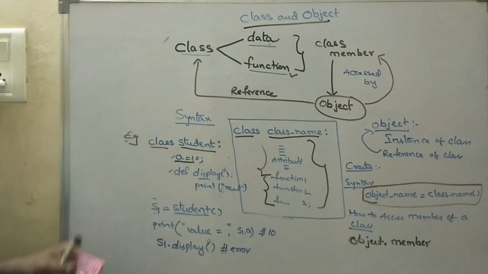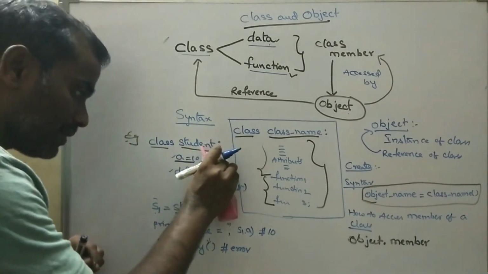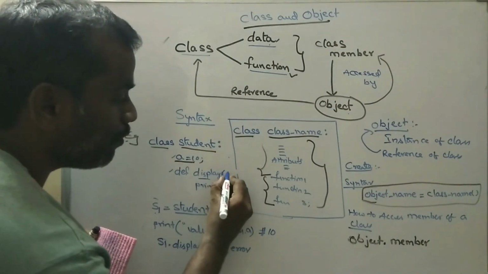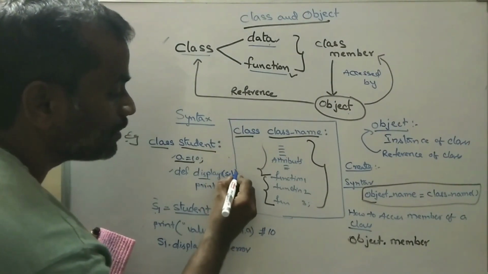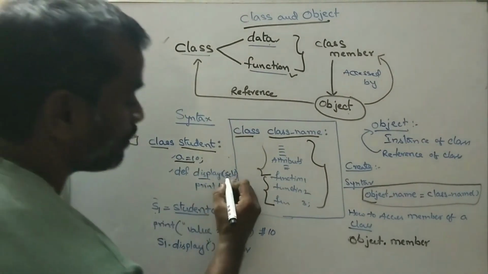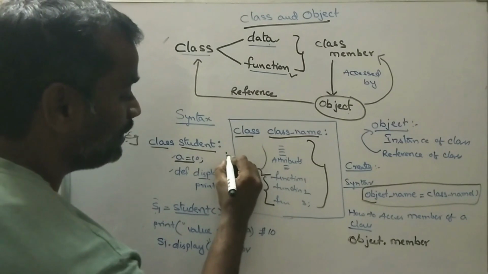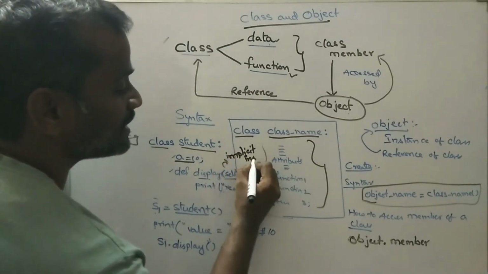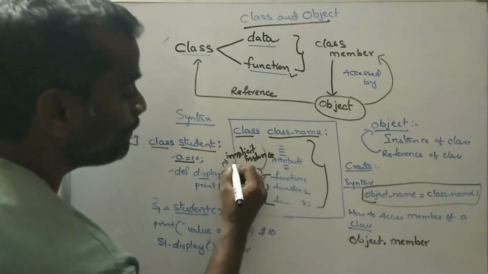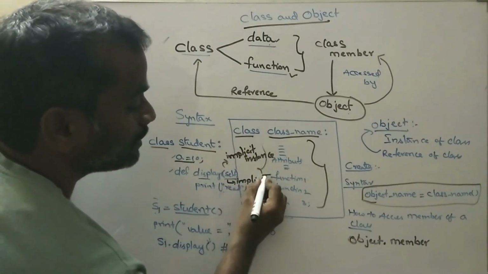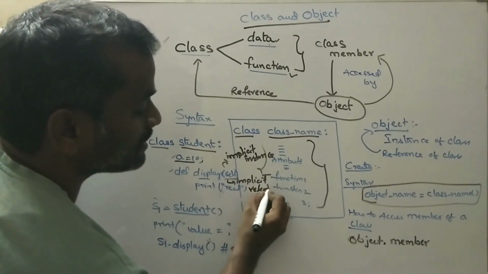Then what you can do by default is represent the word self. What is the meaning of self? It is nothing but an implicit instance or implicit reference. That is the meaning of self.